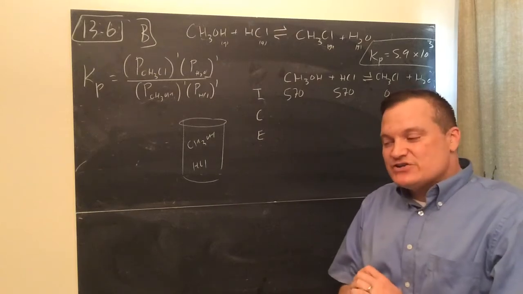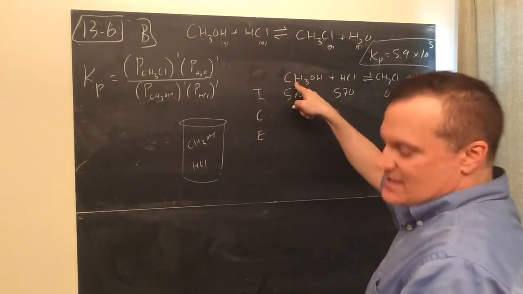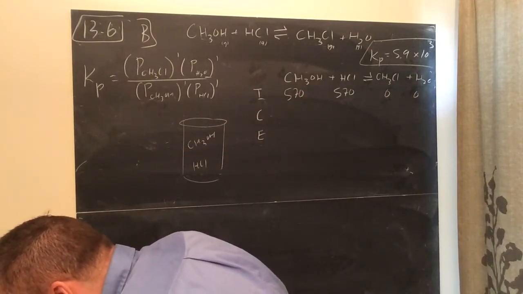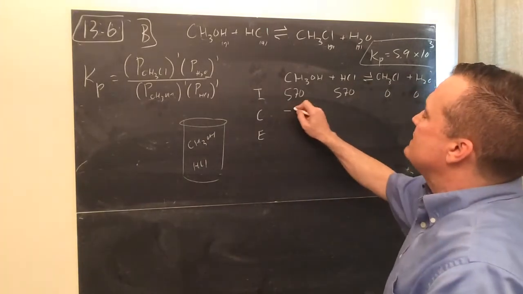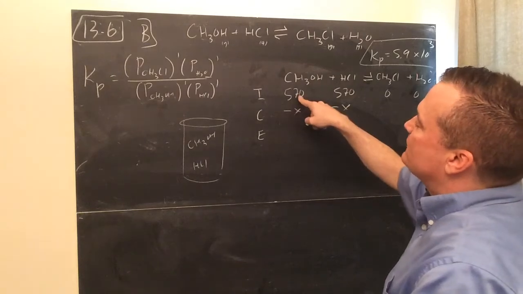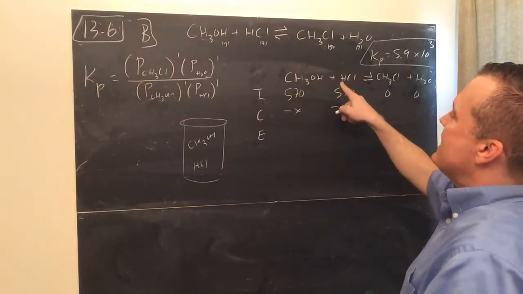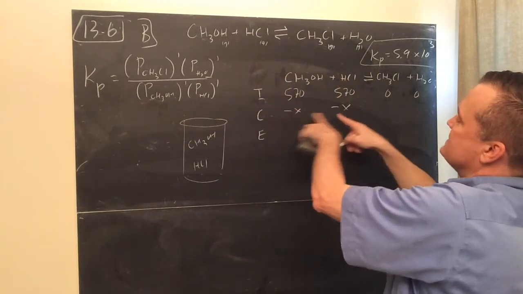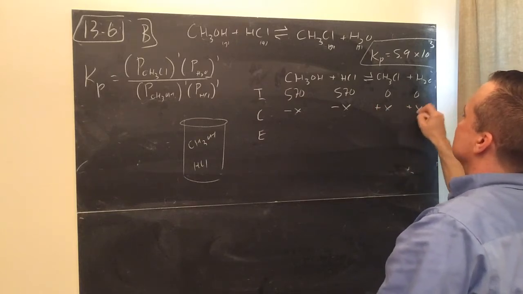So anyway, what is the change going to be? Well, the change will always match the stoichiometry. So watch this, and this is not the best example. I'm going to do another one in a minute with the stoich, but it'll be minus x. That'll be minus x. X will be the amount of pressure that decreases as it shifts over. So some of this goes away. Now, because they're both in a 1, 1, 1, 1 ratio, that's minus x, that'll be plus x, and that'll be plus x.